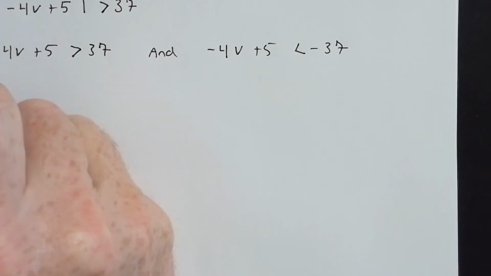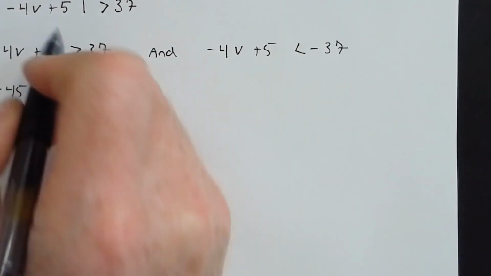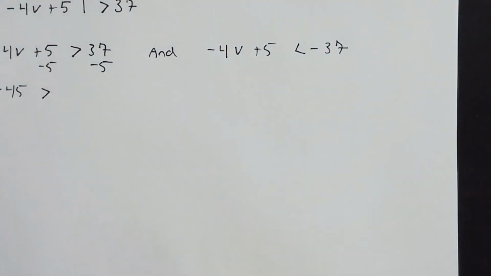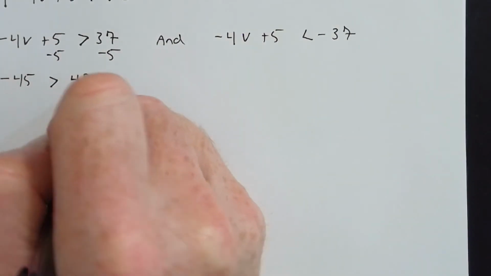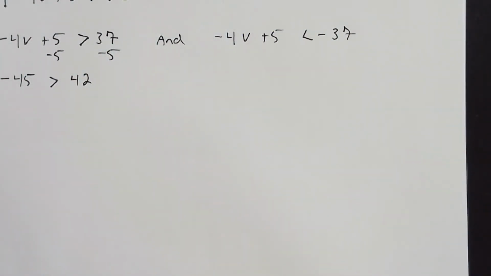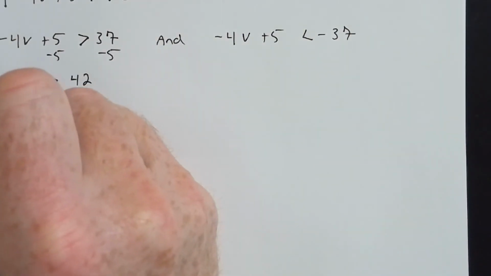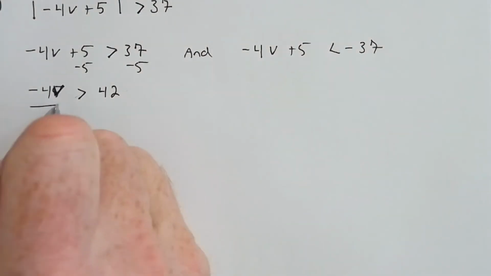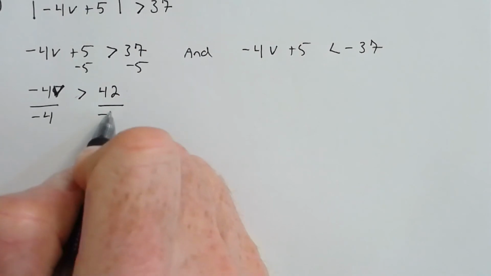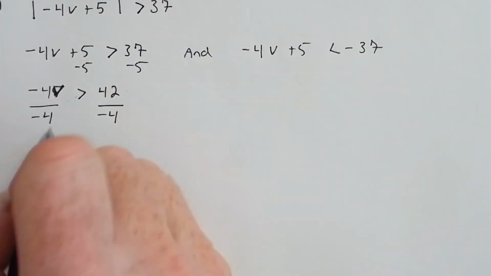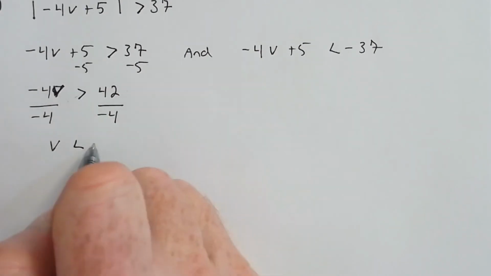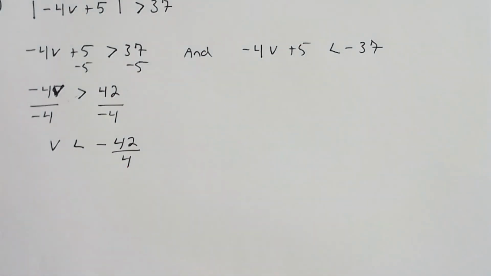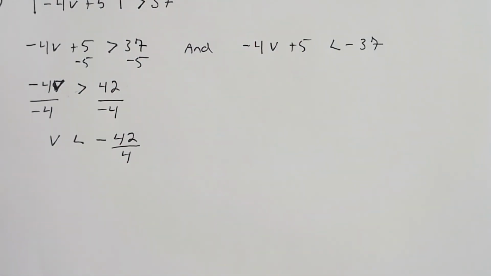So now we have minus 4v. We're going to subtract 5 from both sides, and that's going to leave us with is greater than 42. It's 4v is greater than 42. So divide by negative 4. And we have to flip the sign, right? So v is less than negative 42 over 4. Now we have to simplify using the, yes?